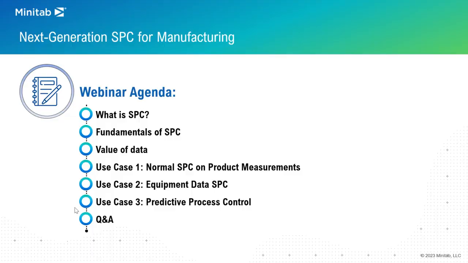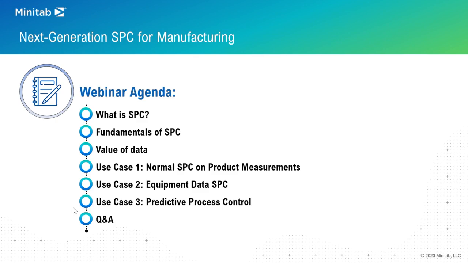Hello, everyone, and thank you for joining today's session on Next Generation SPC for Manufacturing. So just to cover today's webinar agenda, we're going to cover what and why SPC, some of the fundamental tools of SPC, such as control charts, capability analysis, and Pareto charts, some of the core fundamentals.